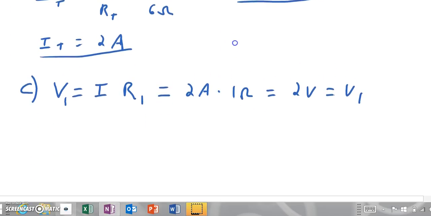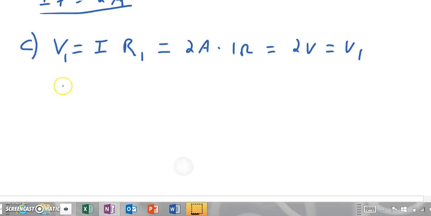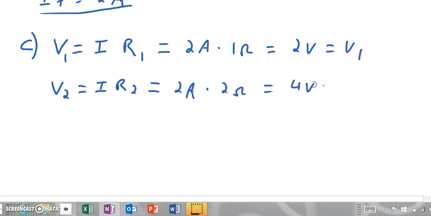If we continue, we apply Ohm's law to resistor 2, V2 equals I times R2. That gives us 2 amps multiplied by 2 ohms, or 4 volts across V2.